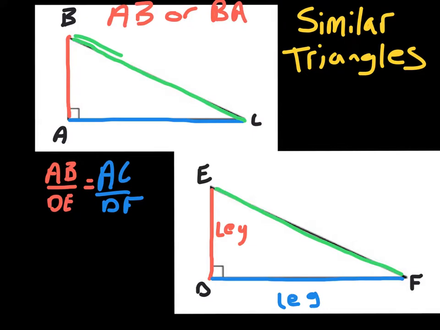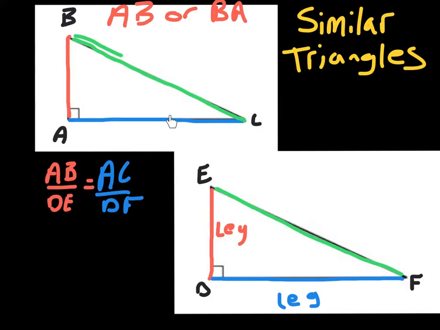All that's talking about is this side right here. Now the blue side can be named AC or CA, and the green hypotenuse can be named BC or CB.